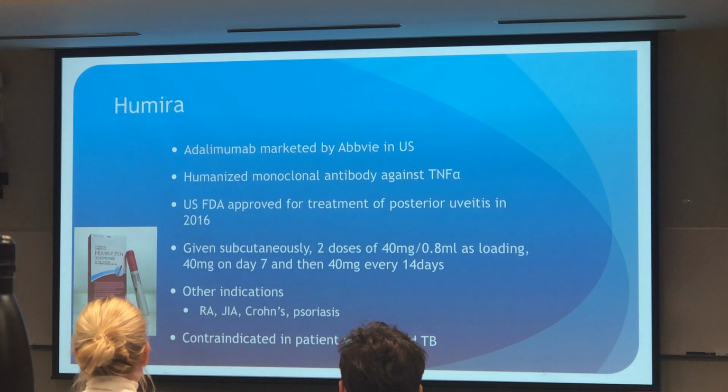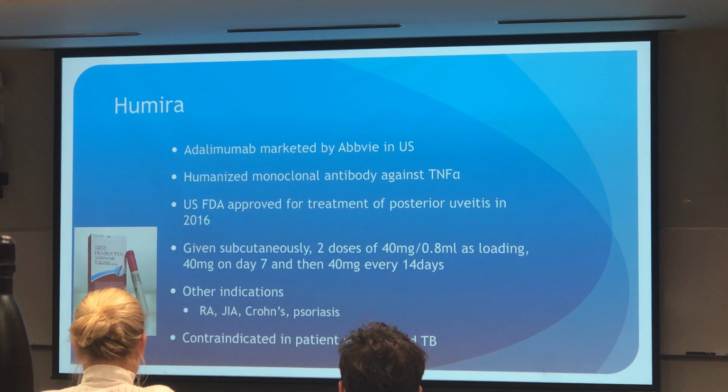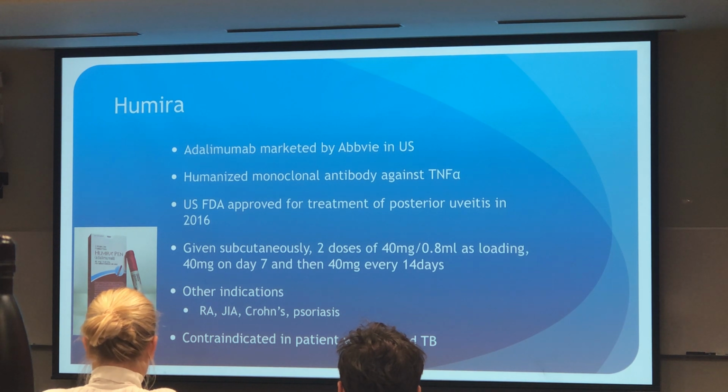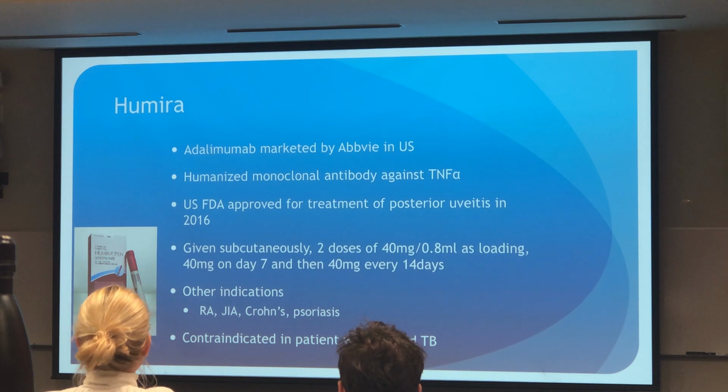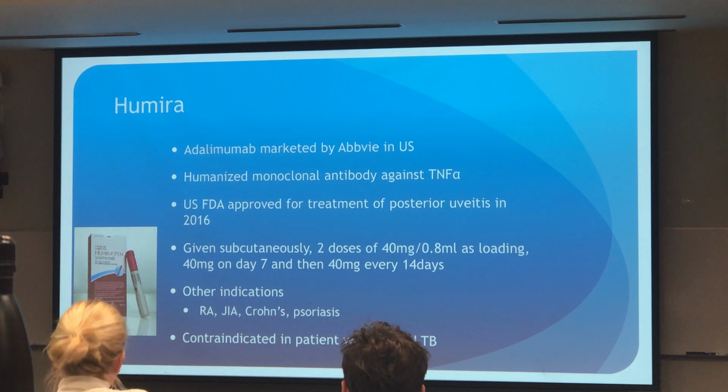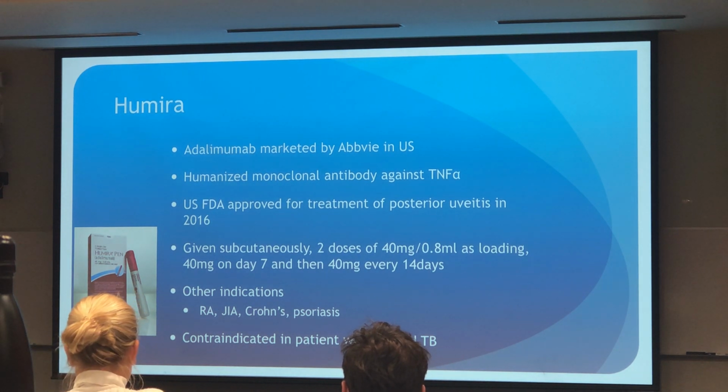Adalimumab, Humira, is marketed in the US by AbbVie. It's a humanized monoclonal antibody against TNF-alpha. It got its FDA approval for treatment of posterior uveitis in 2016. Other indications are rheumatoid arthritis, JRA, Crohn's, psoriasis, just to name a few. They really went out of their way to get as many indications as possible.